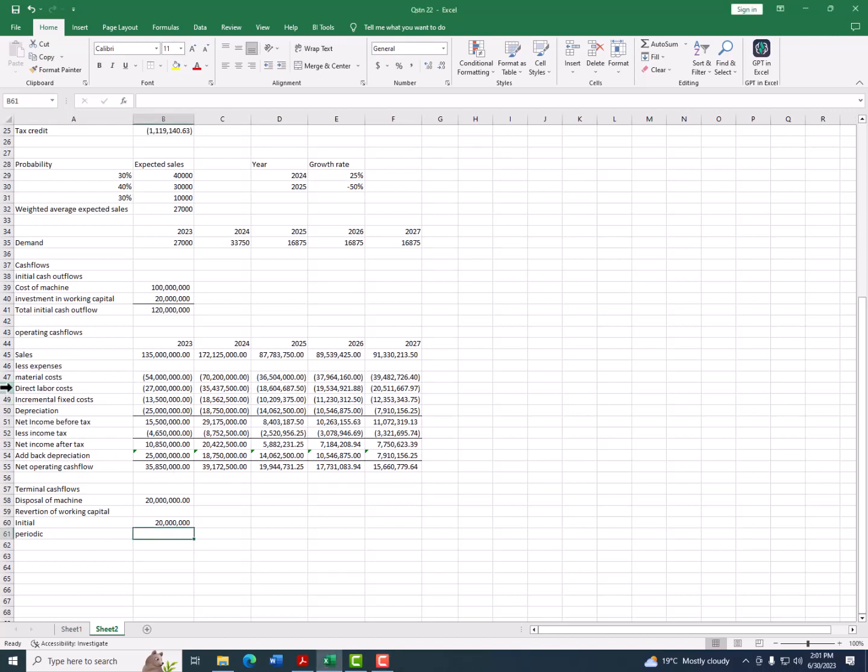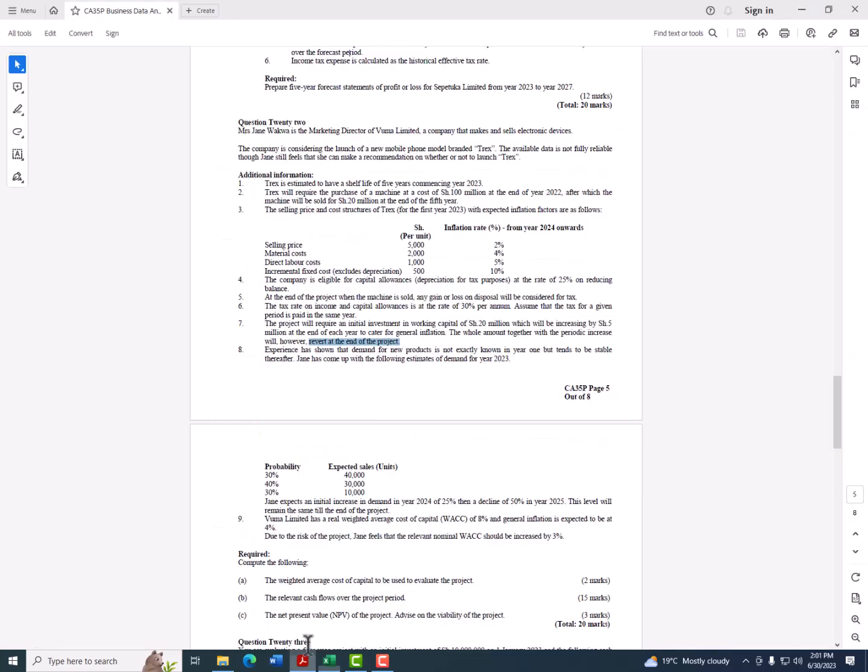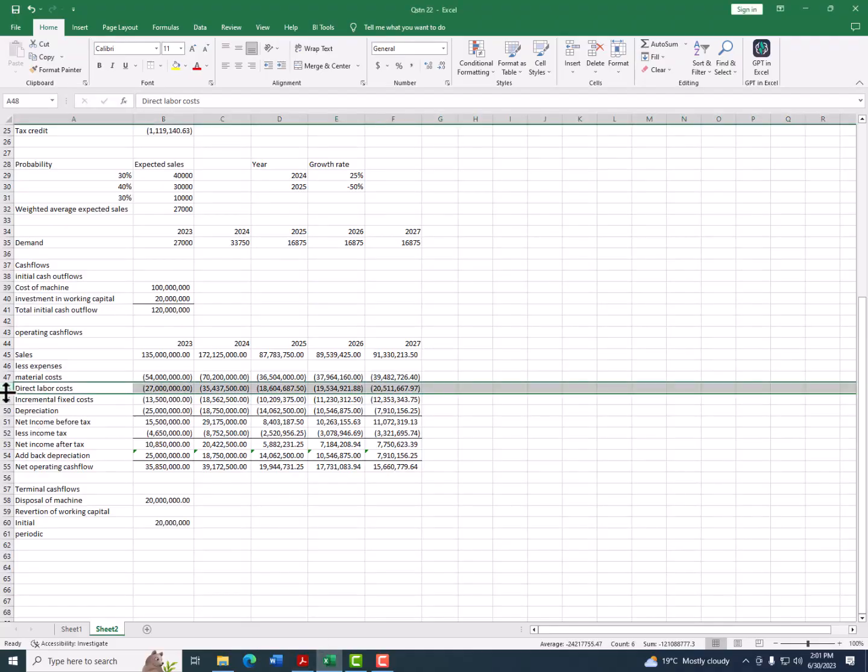We can add the row right below the material costs so that we include the periodic investment. If I bring up the PDF, we are told which will be increasing by 5 million at the end of each year to cater for general inflation. So how do we add a row? There are two ways, right?